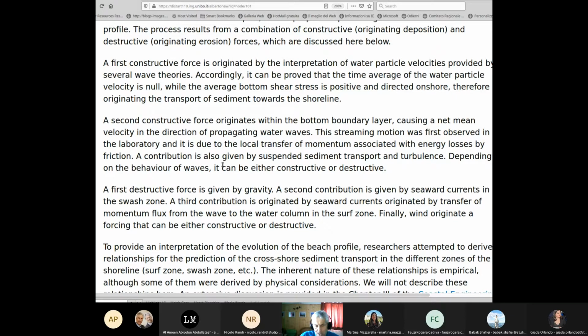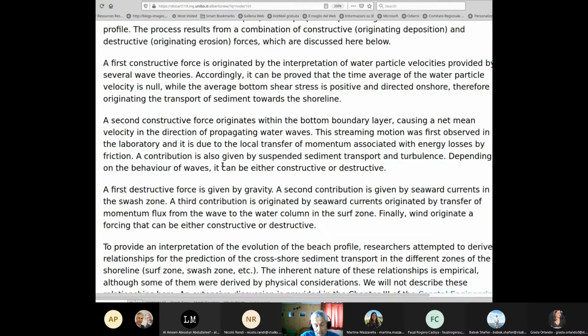And the reason is that actually, even if in the deep sea, you have the particles of fluid that are really nearly not moving back and forth. They are just moving up and down. And also the up and down movement is very reduced in deep sea. It is not so easy to understand how this may translate in some sediment transport.